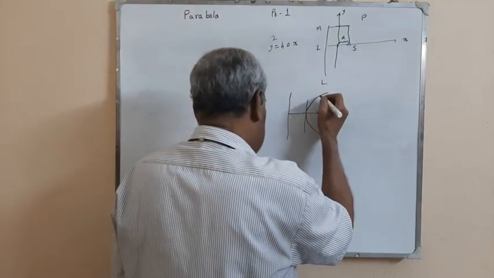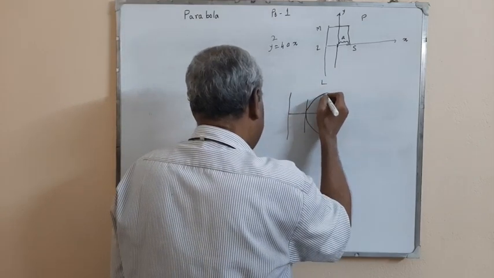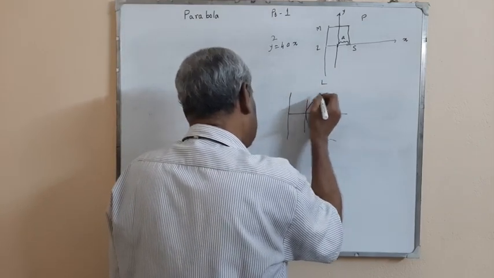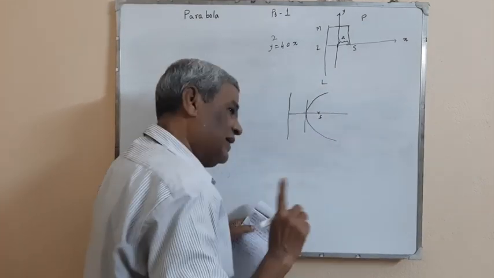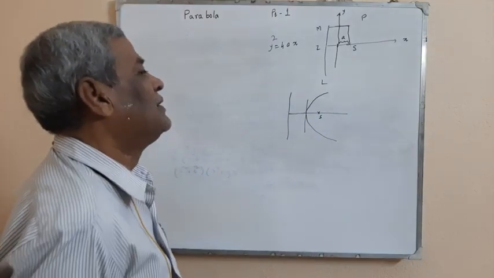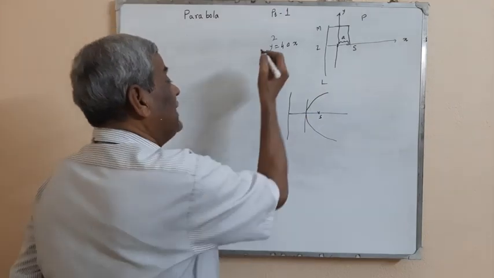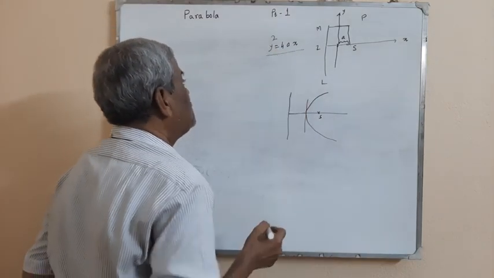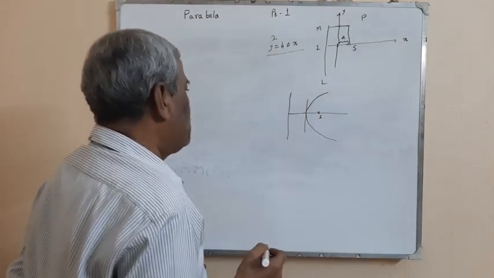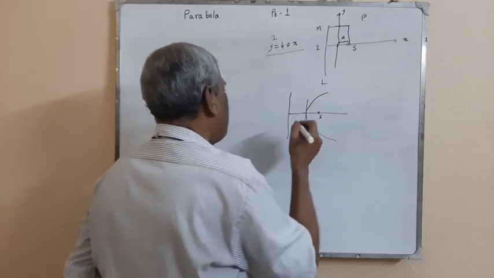Its distance from any point to S and its distance to the fixed line L are the same. Under this special arrangement of axes, I told you that its equation becomes y squared is equal to 4ax.